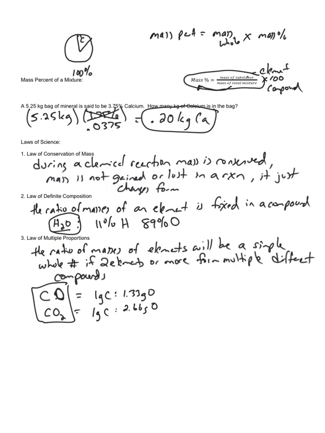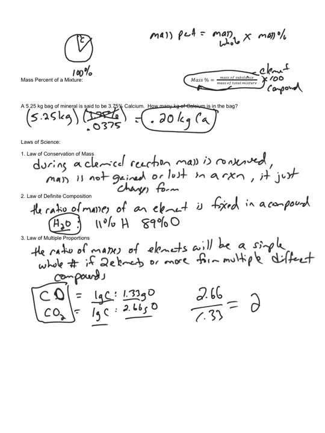How do I look at this in a more clear way? Because I think that's just kind of like, what the heck is he talking about, right? So if I look at carbon monoxide, when I analyze it, for every gram of carbon in carbon monoxide, there is 1.33 grams of oxygen of mass. In carbon dioxide, in every gram of carbon, it is known that there is 2.66 grams of oxygen. Well, if I go ahead and take 2.66 divided by 1.33, what does that give me?